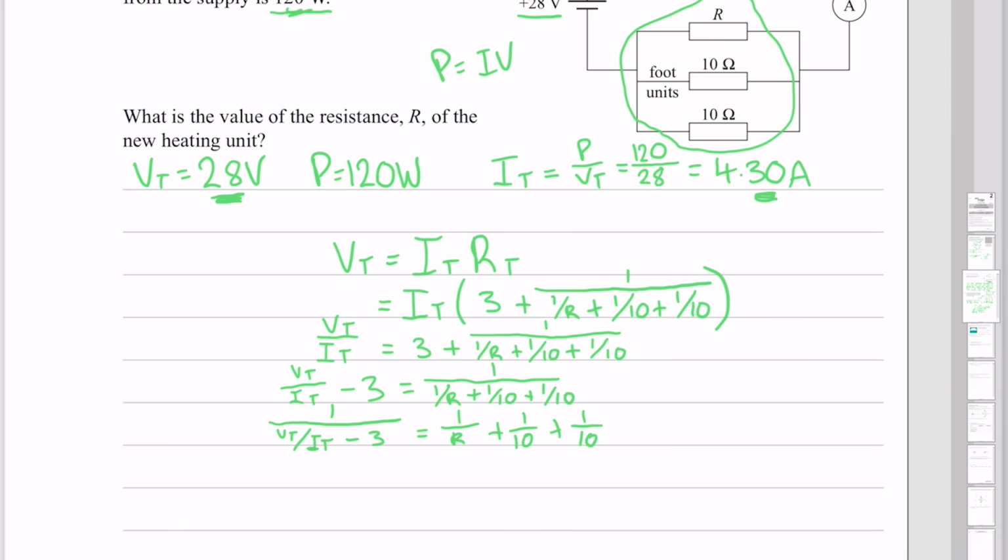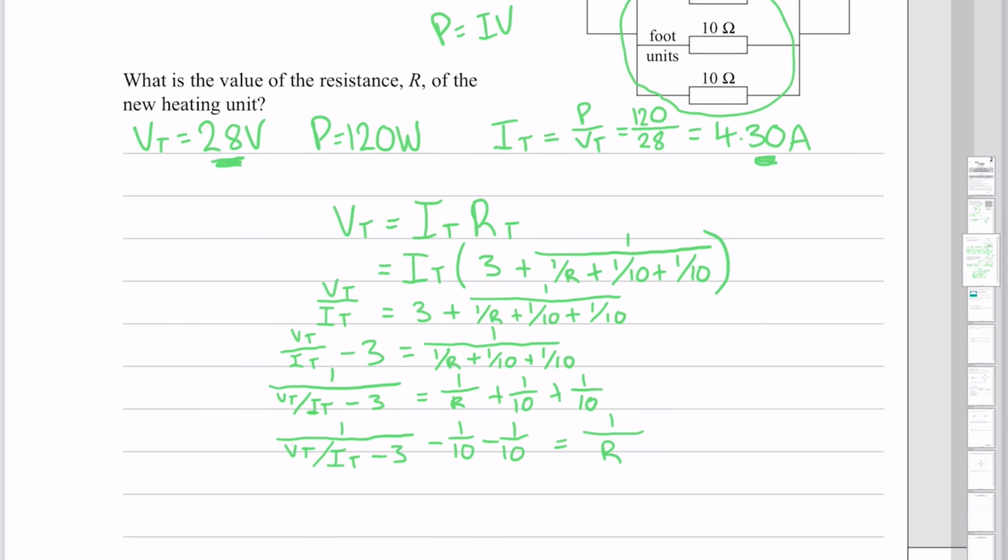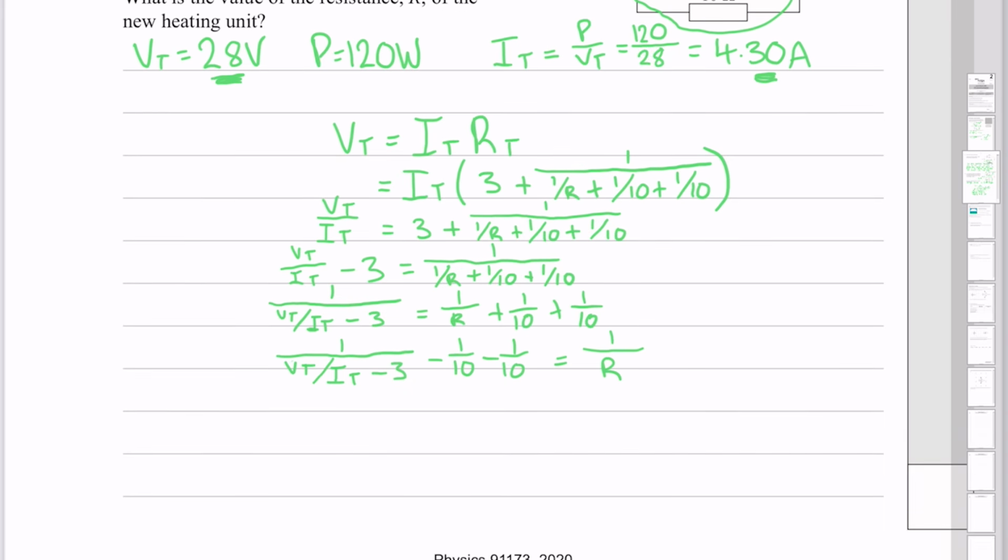Next, I'm going to subtract our 1/10s from both sides. And lastly, I'm going to flip both sides to bring our R into the numerator. I'm also going to swap the sides of the equation so I have R on the left side.